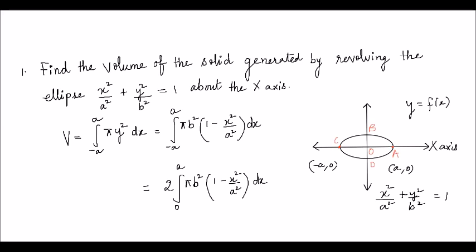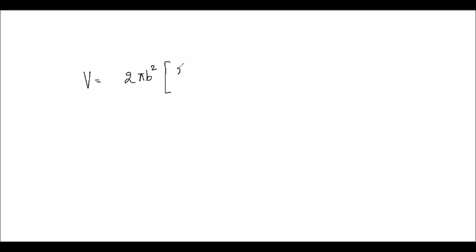It will become x minus x cubed by 3 a square, and the limits we have are from 0 to a. So let us solve it further.